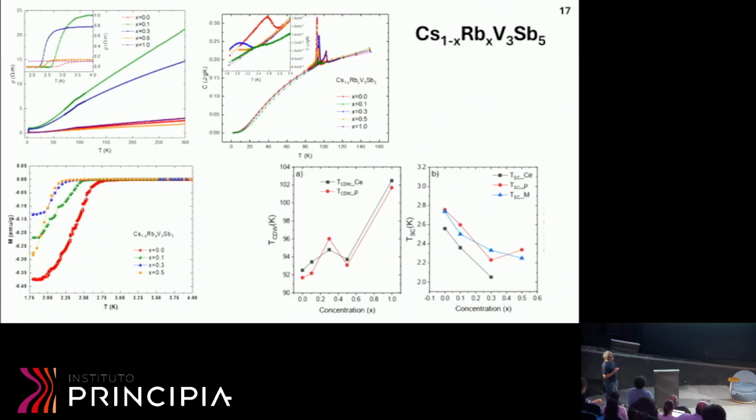So we did some microscopic characterization of our samples. We have the pure compounds and ones with 10, 30, and 50% of rubidium doping, okay? Summarizing, what we see is a monotonic increase of the charge density wave temperature and a monotonic decrease of the superconducting temperature, okay?